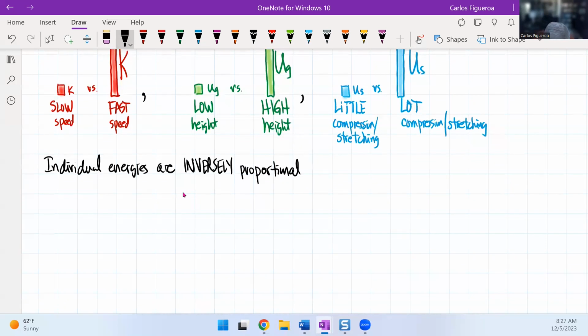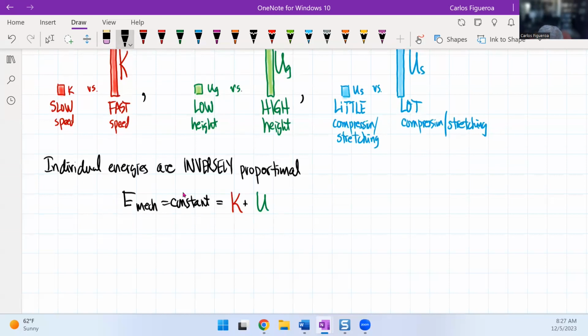So what I mean by this, if I know that the mechanical energy is a constant, then what this tells me here, if I have this amount of kinetic energy, and let's say that I have that amount of potential energy. So when I just write the U like this, I'm talking about gravitational as well as spring.